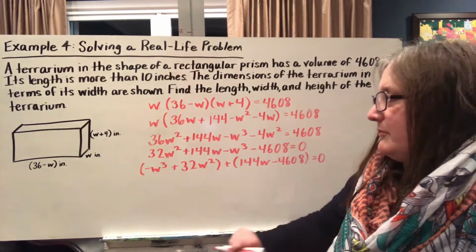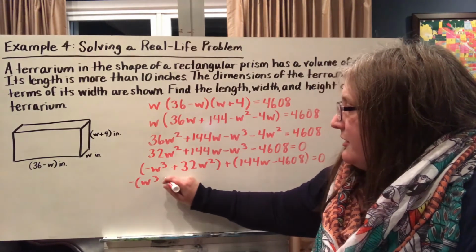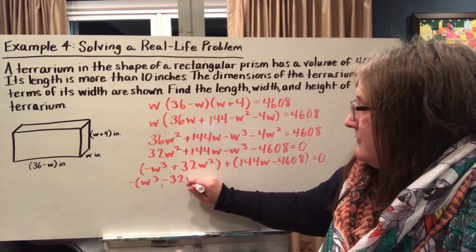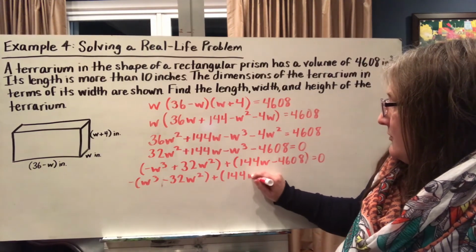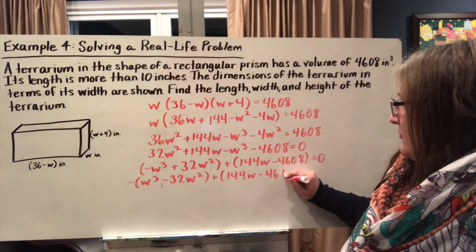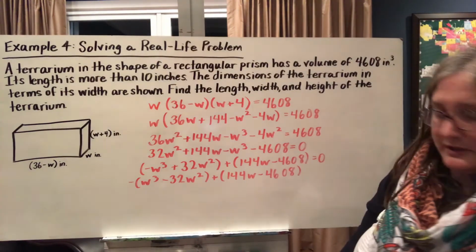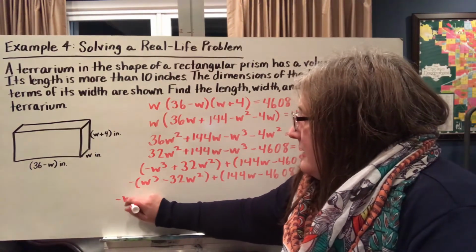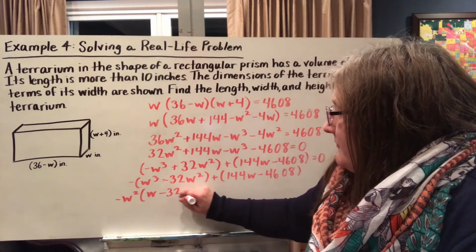Now this guy starts with a negative, so I'm just going to factor out this negative and make it w to the third minus 32w squared. So that one's going to be a little bit easier to work with. Okay, my greatest common monomial for these guys is going to be to take out a w squared. So it's going to become negative w squared out here, w minus 32.